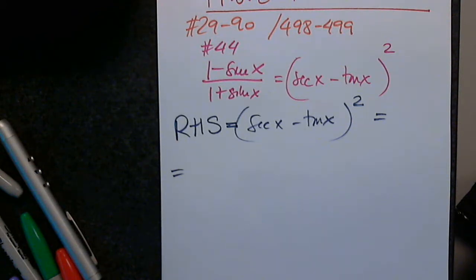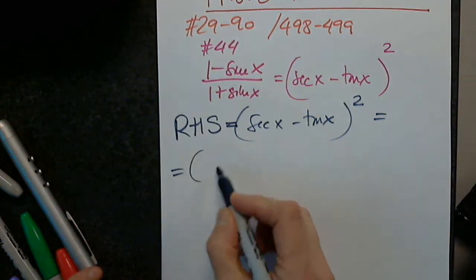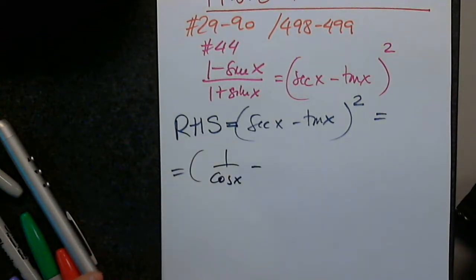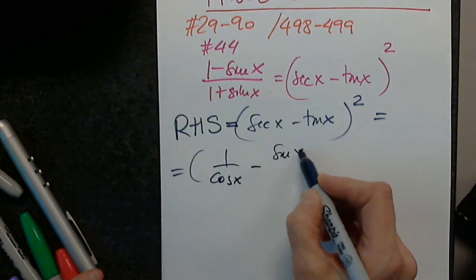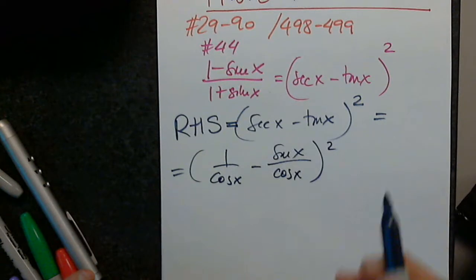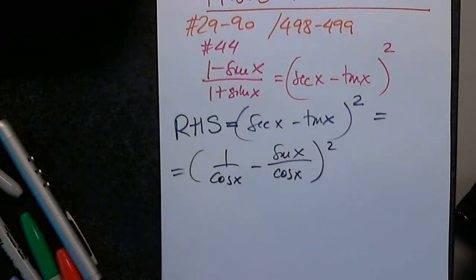And if you say squared, I will say no, because I want to simplify inside if I can to the simplest possible, and then square. So you change secant to 1 over cosine, and then tangent to sine over cosine.